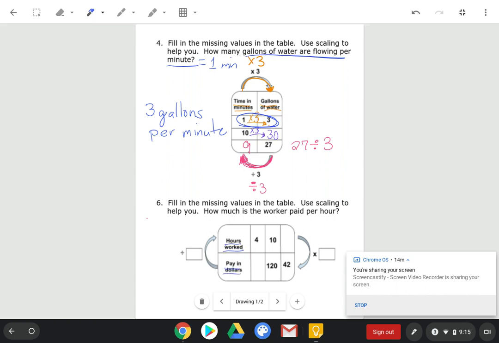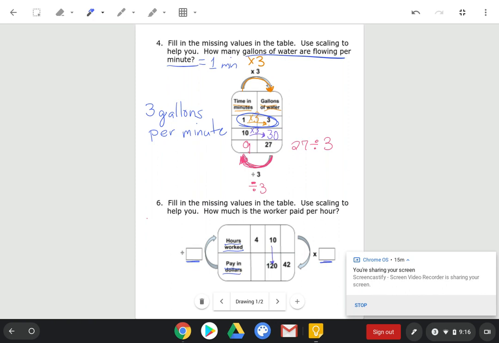And let's just look at the information that they've given us. Notice that we have some missing information right here. We've got missing values in the table, and we've got missing information over here. So let's try to find a complete piece of information. And that would actually be this 10 and 120.